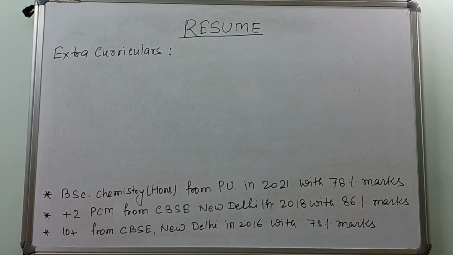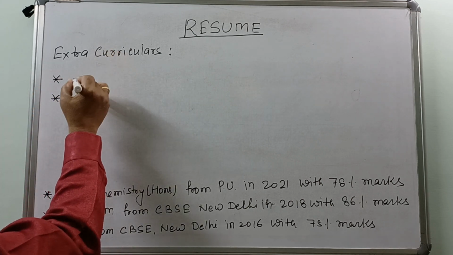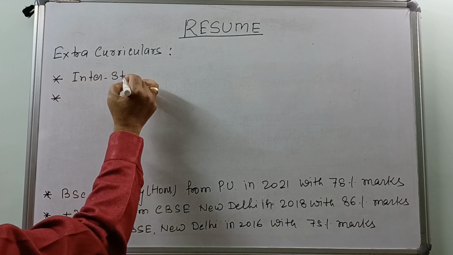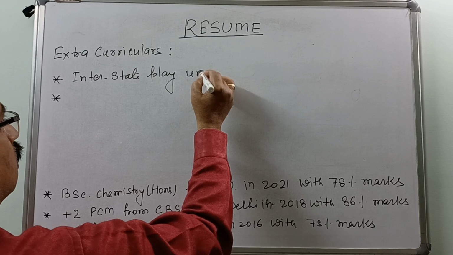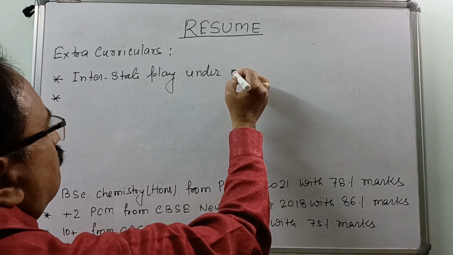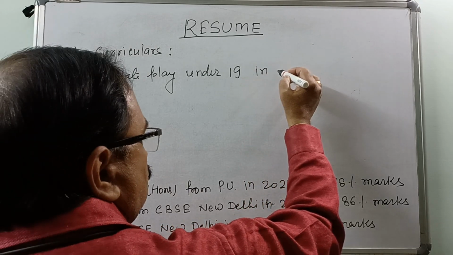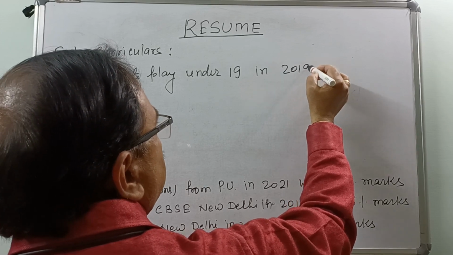Under this one, you have to write something different from the educational side. Here you may write, I am going to mention only 2 points. The first one is interstate player under 19, while you were in your plus 2 in 2019.